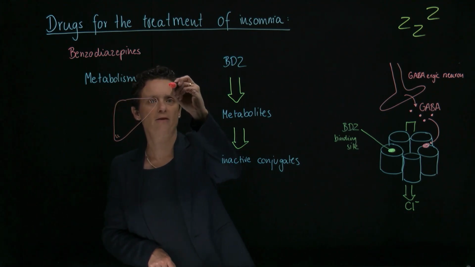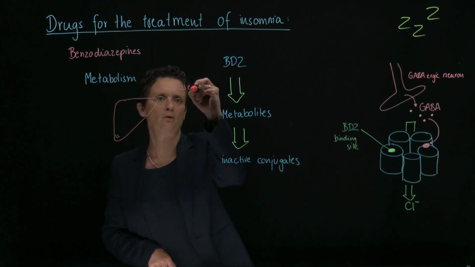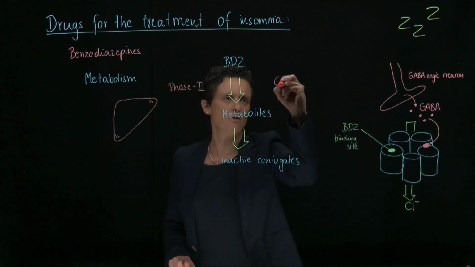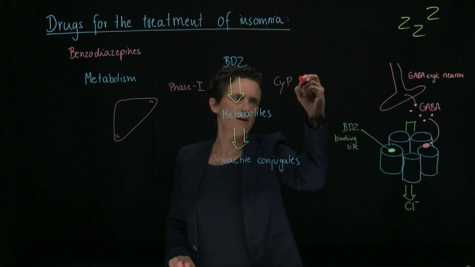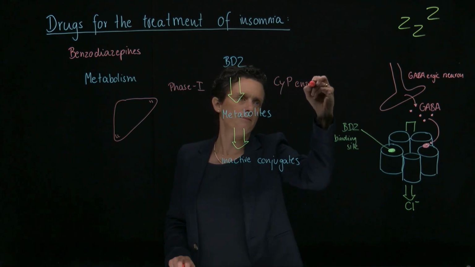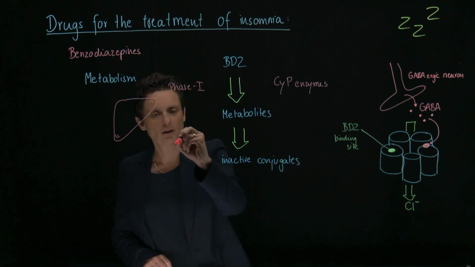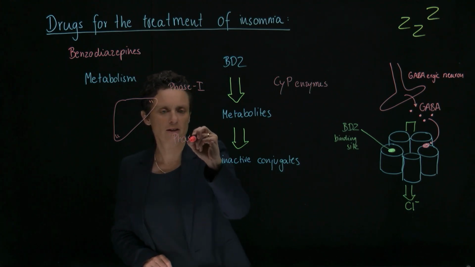So we're going to have phase 1 reactions, and this is mainly oxidation, and we have involvement of CYP enzymes. So they take care of that. And then they all undergo phase 2 reactions.